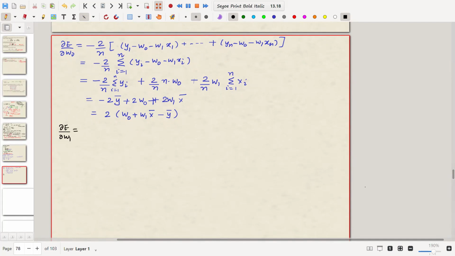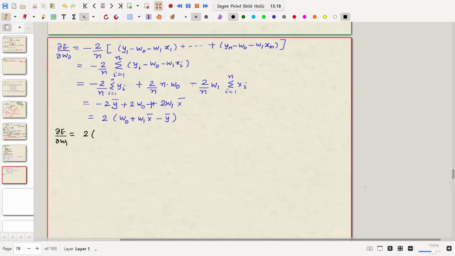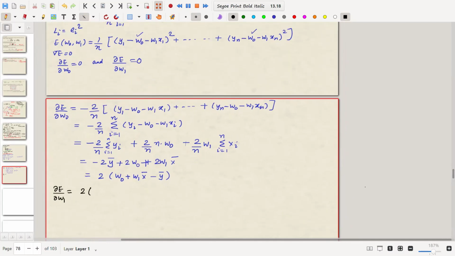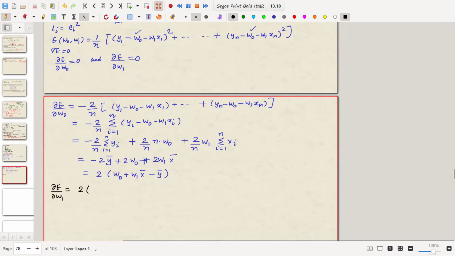What is dou E by dou w1? Anyone? Two times of, oh, wait. This is this one. Okay, so again 2 will come outside. 2 by n. Fine.